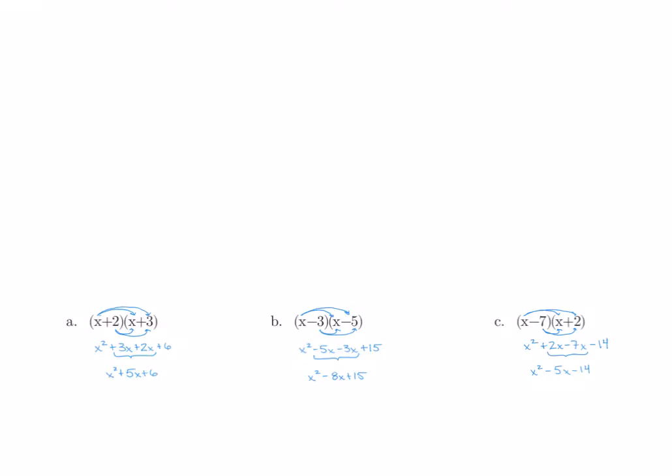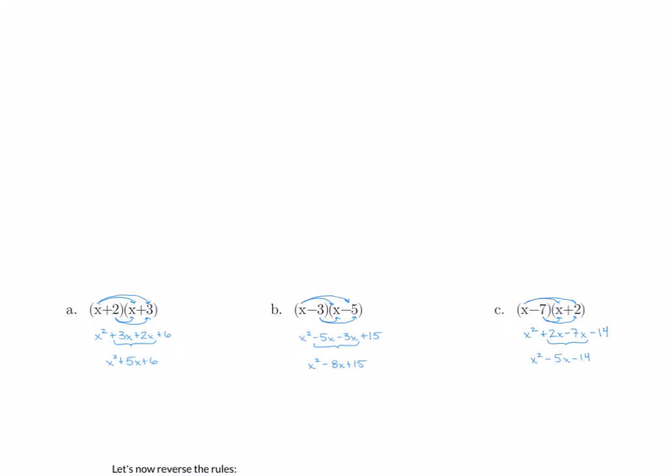Now if we look at the middle terms, we have 3 plus 2 gives me my 5. Here we have negative 3 and negative 5 give me my negative 8. And on our last one, we have negative 7 and positive 2 give me negative 5. So when we talk about this, let's go ahead and bring up our rules now.